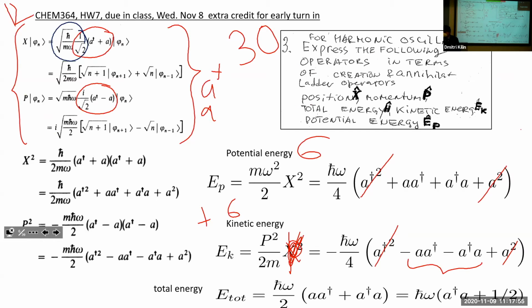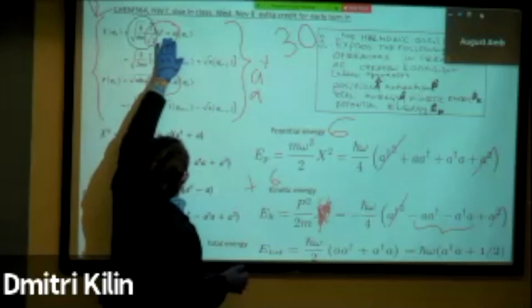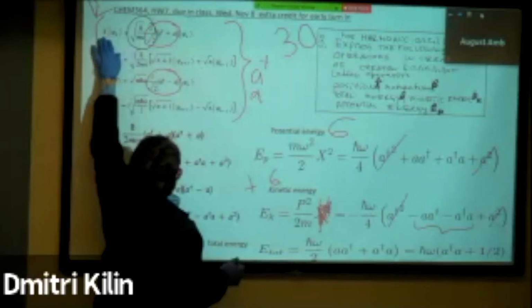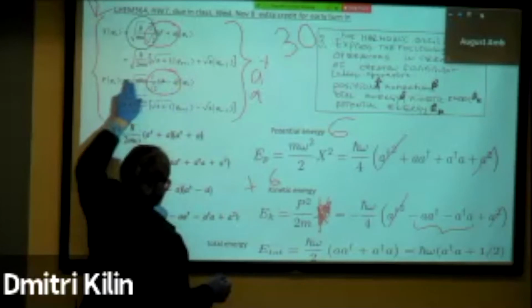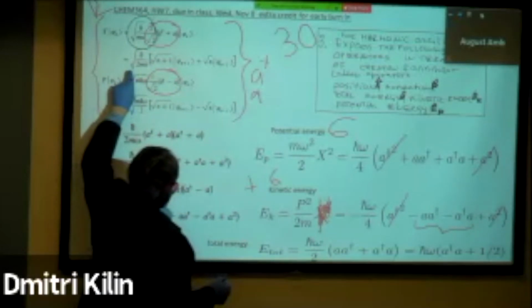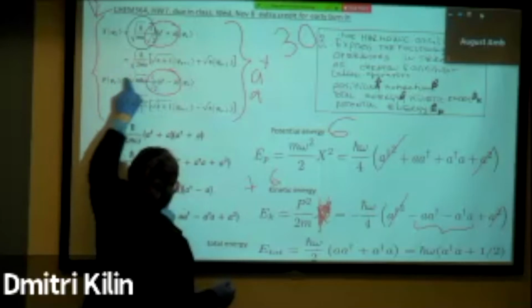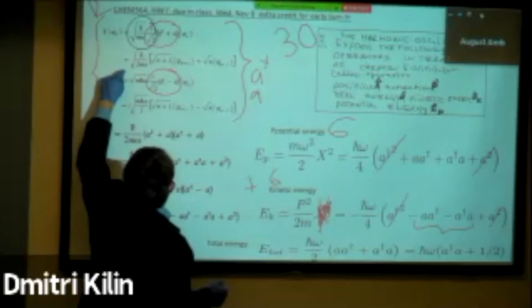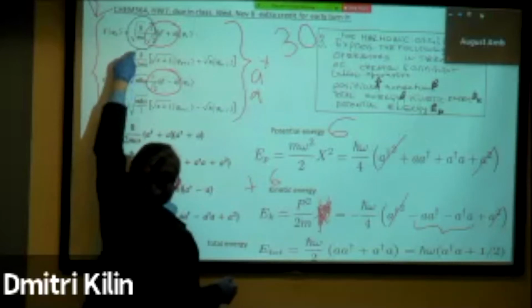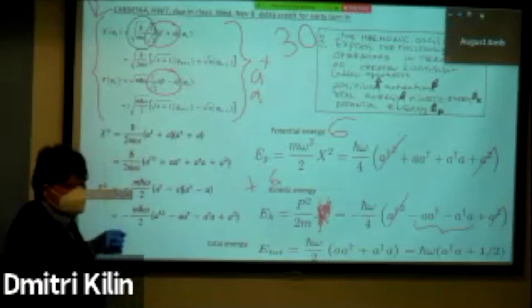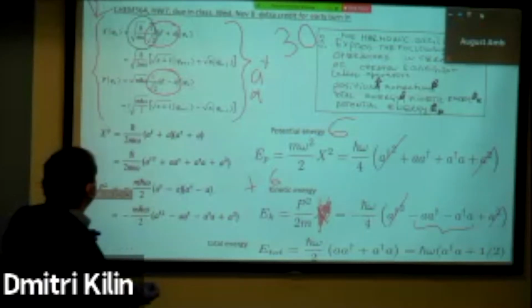If one writes down the definition of creation and initiation operator, like 2 lines, and solves them for position and momentum, then one can find that their summation is position, their subtraction is momentum, and the factors include the imaginary unit for momentum, and both of them include the constant, mass and frequency, but it swaps between the numerator and denominator.